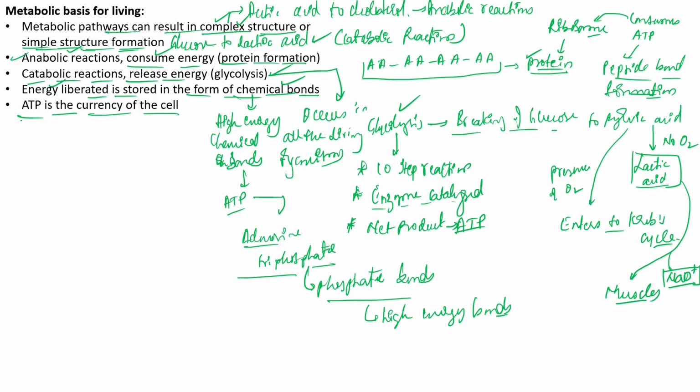Ultimately these two kinds of reactions are responsible for converting one type of biomolecule into another, be it into a complex structure or a simpler structure. Whatever it is, this is how the whole thing runs in living organisms.